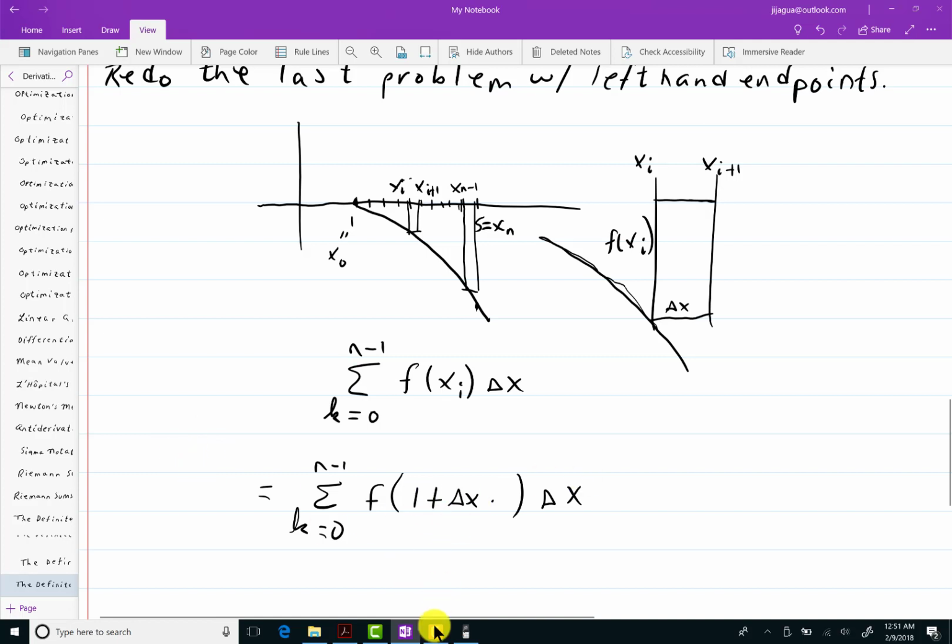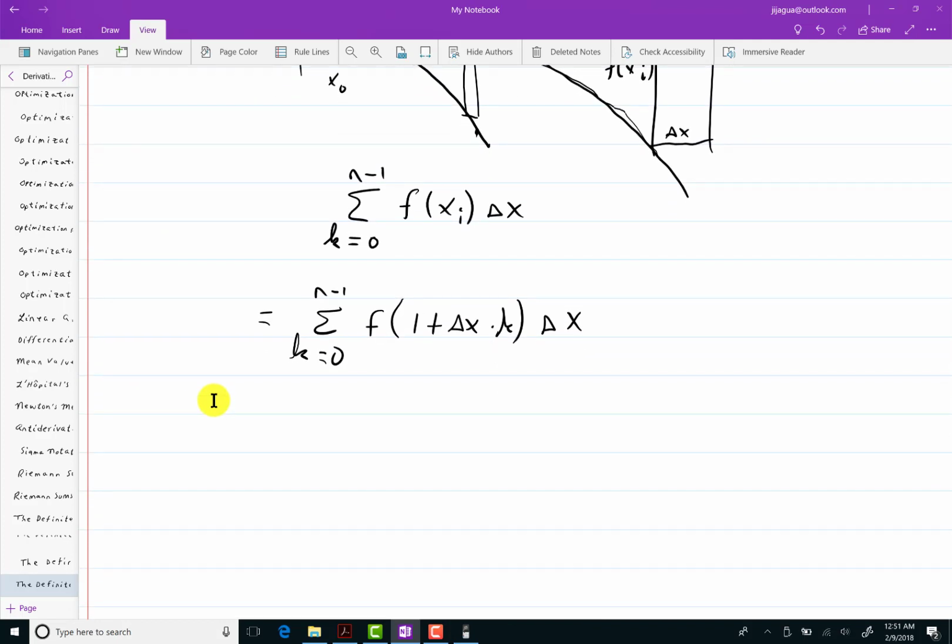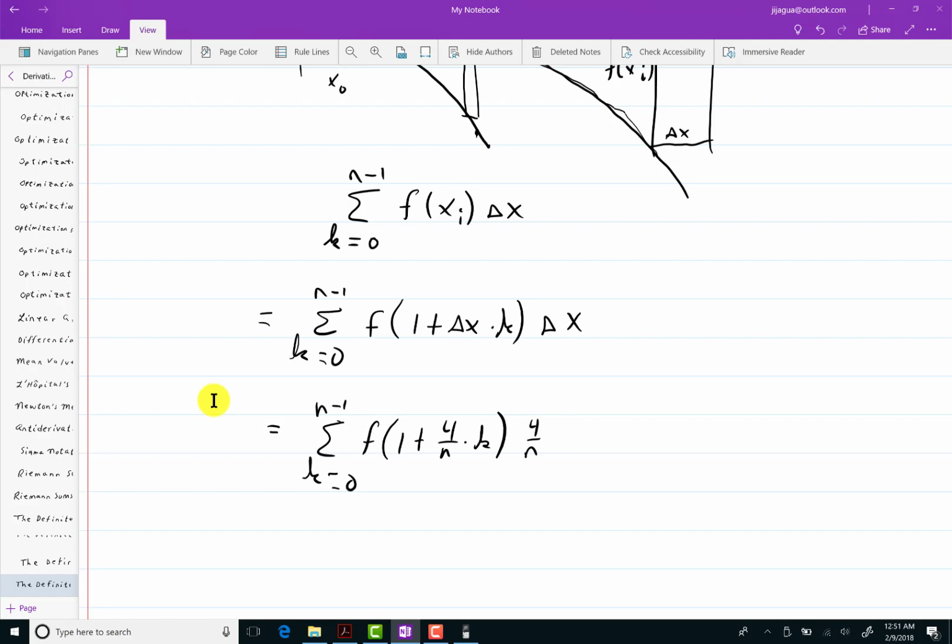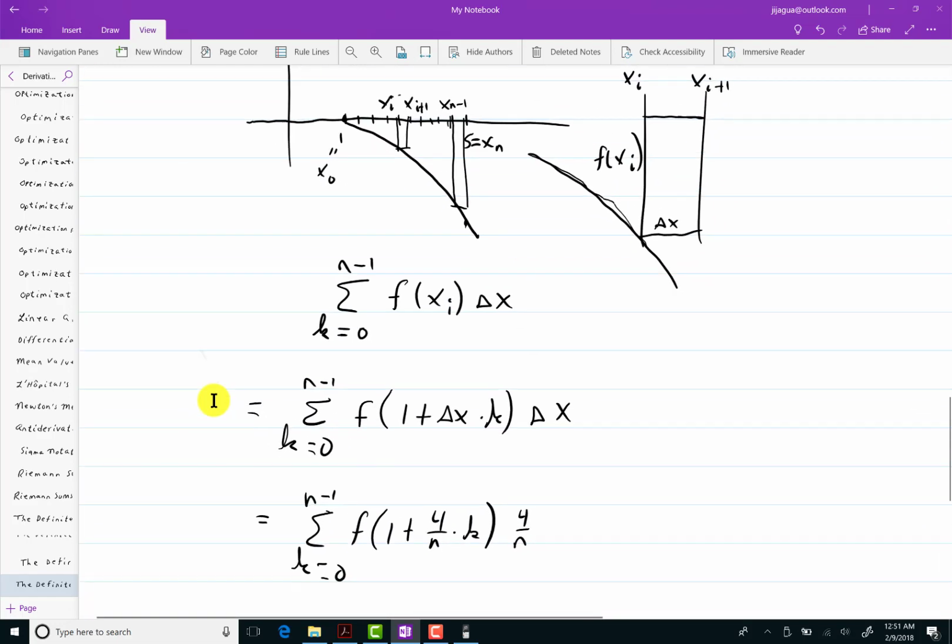It matches the same format as all the other ones. So delta x is the same as it was before. It's 4 over n. Summation k equals 0 to n minus 1, f of 1 plus 4 over n times k, times 4 over n. And let's see if that actually matches here.